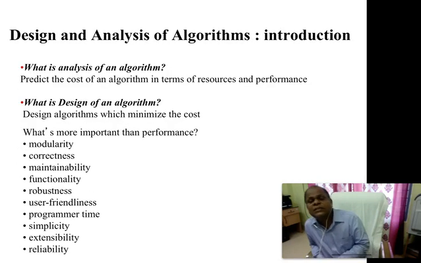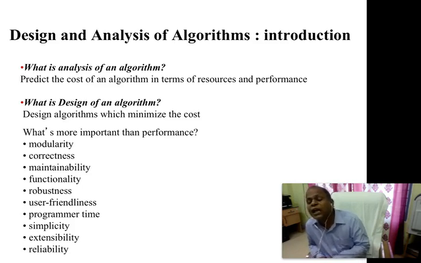Now, what is analysis of an algorithm? As I have already told, predicting the cost of an algorithm in terms of resource and performance is called analysis of the algorithm. Suppose you have written an algorithm, or there are some algorithms. Before writing the program for the algorithm, you have to analyze it: how many resources the algorithm will take.